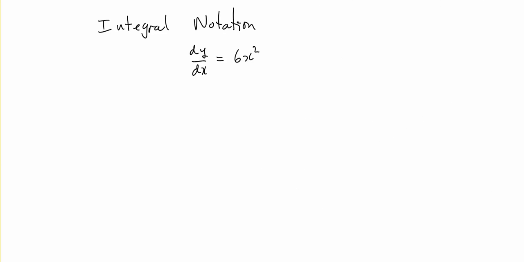If dy by dx is 6x squared, then y equals 6x cubed over 3, which is 2x cubed plus c. Now, there is a notation for this, the integral notation.